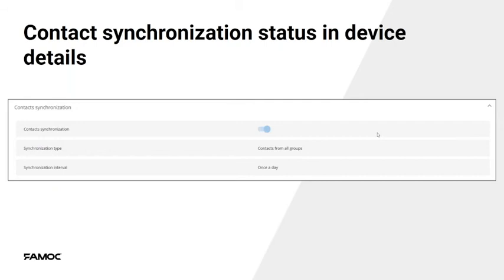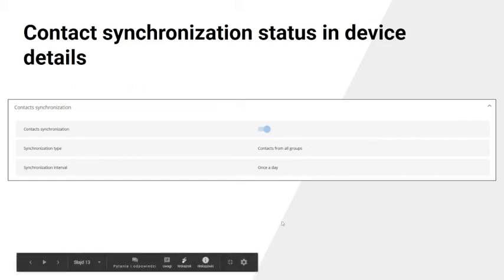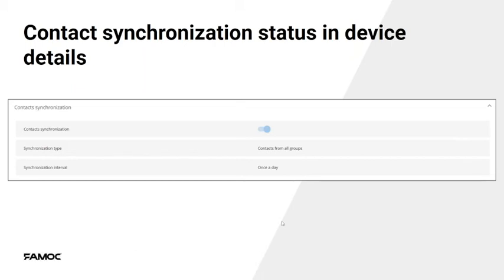Another new section is visible in the Famoc interface. On the device details view, you can see the contact synchronization status. First of all, in the first row, you see if the contact synchronization is on. If it's checked, it's on. That's simple. That doesn't require further explanation.